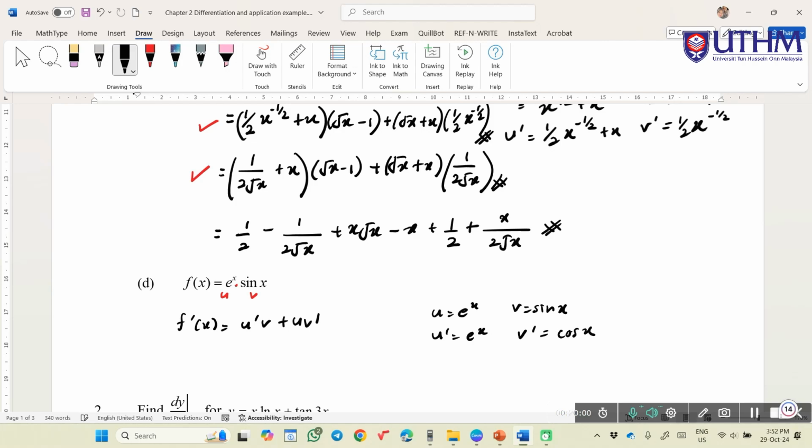Then substitute into the formula. So our u prime is exponent x, v is sine x, plus u exponent x, v prime is cos x. You can leave it here, or you can factor out the exponent. So the answer is exponent x times sine x plus cos x.